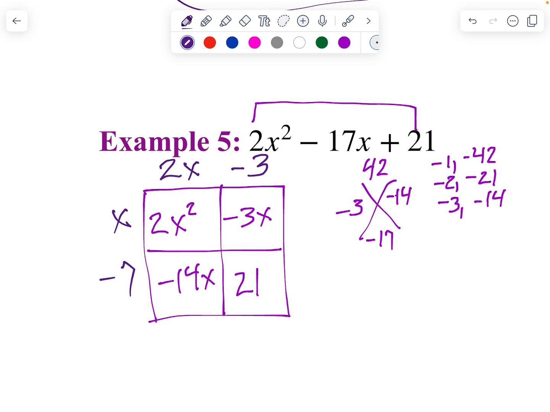Now I can write that out, so it'll be 2x minus 3 and x minus 7. Notice you can do a quick check by multiplying out, and 2x squared minus 17x plus 21 gives us the answer we started with.